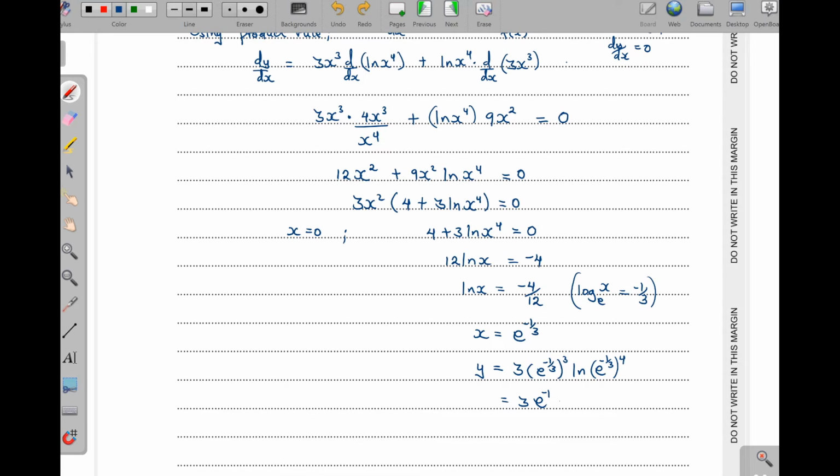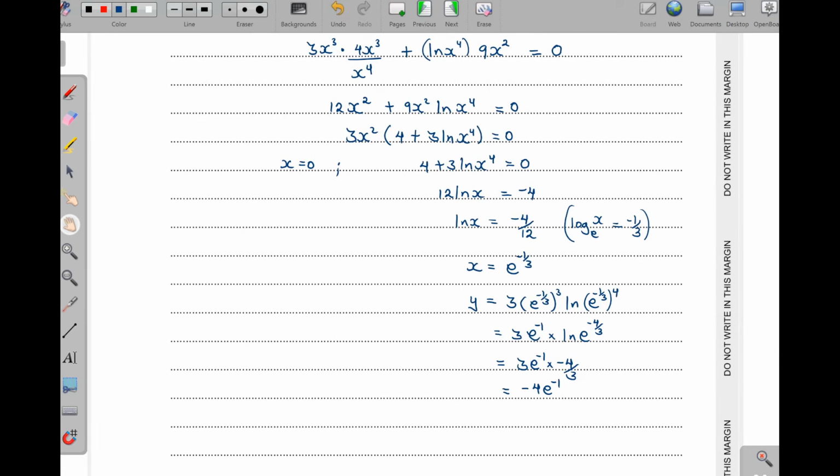Then times, this will be natural log of e to the power of negative 4 over 3. Then this one can come down here, and then natural log of e is a 1. So meaning we shall have 3e^(-1), then times negative 4 over 3. And the answer becomes negative 4e^(-1).